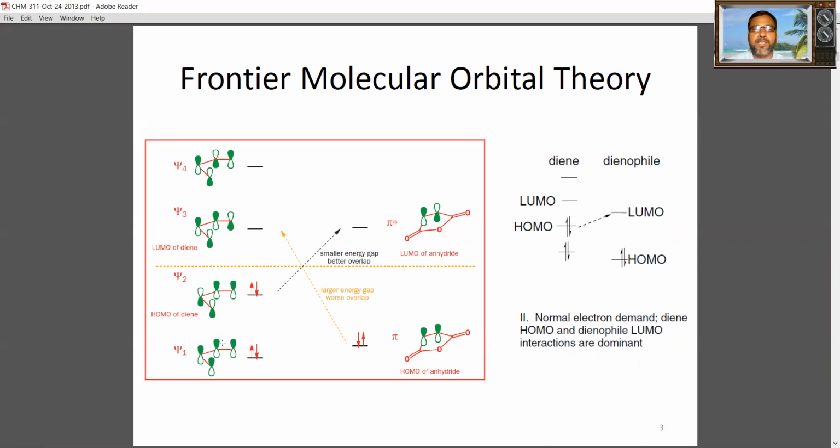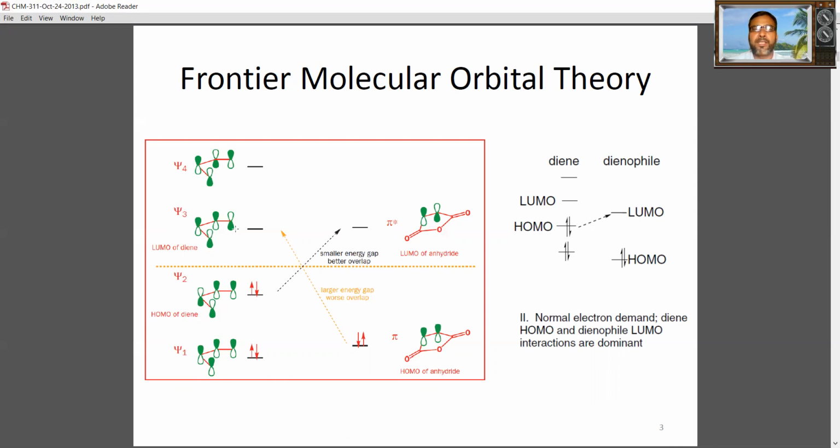You can see this one is filled. All green are up. This one is psi 2: green up, green down. It is filled. So psi 1 and psi 2 are filled, and this is the HOMO of the diene.